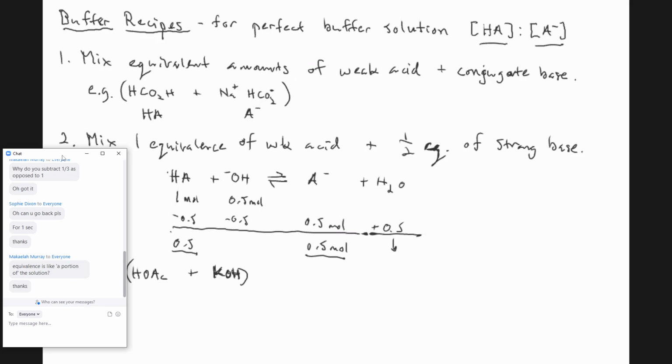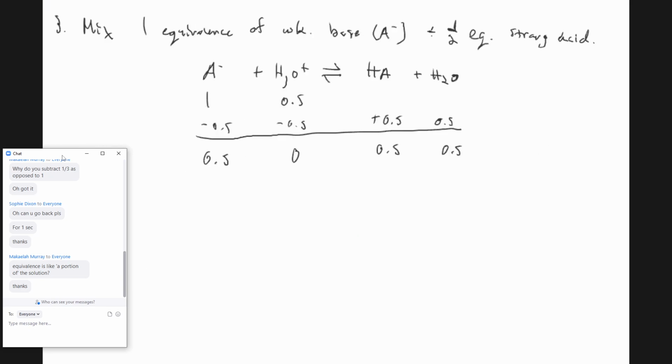There was a question: why didn't we add 0.5 moles of water on number 2, but we did for number 3? We kind of did. I just didn't write it down because water's there. It's in solution. We don't need to really carry on that work.